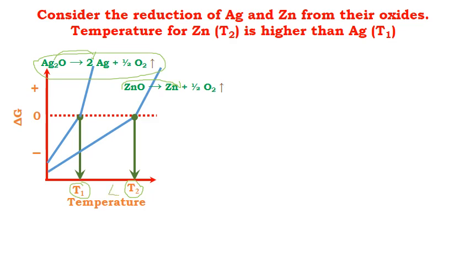As we see from the graph, T2 is greater than T1. This means the reduction of zinc oxide into zinc takes place at a higher temperature when compared with the reduction of silver oxide into silver.